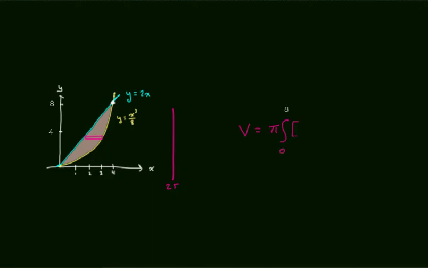My outer radius this time is the distance drawn like this, so 25 minus the line, 25 minus y over 2, as the outer radius, and the inner radius is going to be this distance here, which is 25 minus 2y to the 1/3 power. We're going to square that, thickness dy.